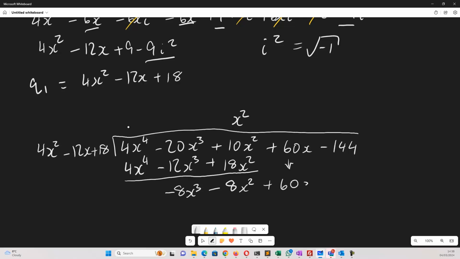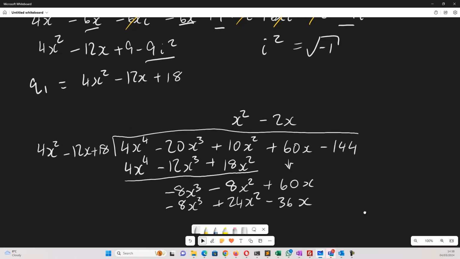So that's 60x. Right, so what do we have to do to 4x squared to get minus 8x cubed? Well, we multiply by minus 2x. So we're going to get minus 8x cubed plus 24x squared, since 2 times 12 is 24. And then 18 times minus 2 is going to be minus 36x.